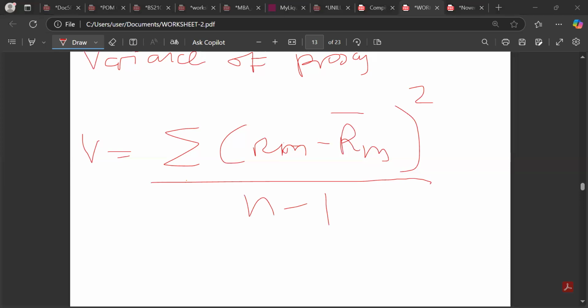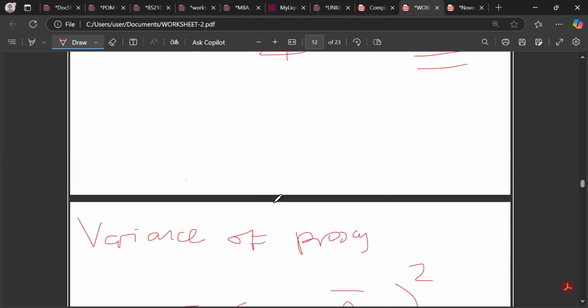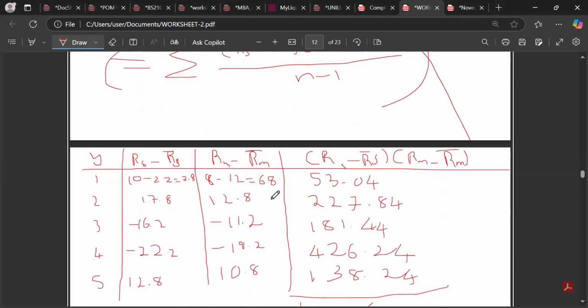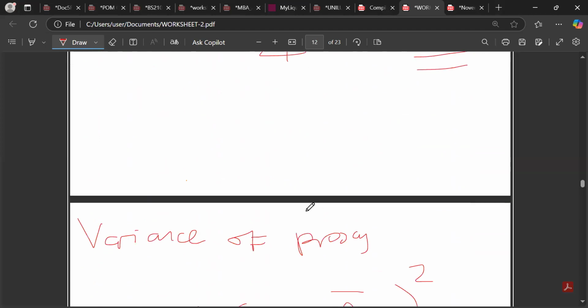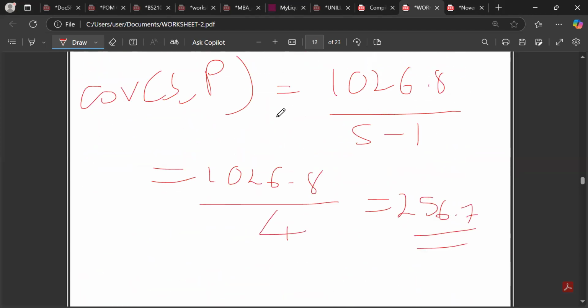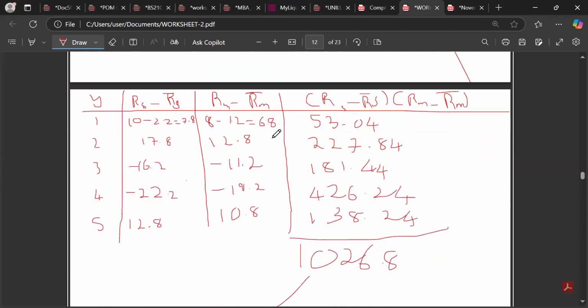Yes. So we're now going to go back to our table. Since we need Rm minus Rm bar, we already have the figures here. All we need to do is simply square these figures.